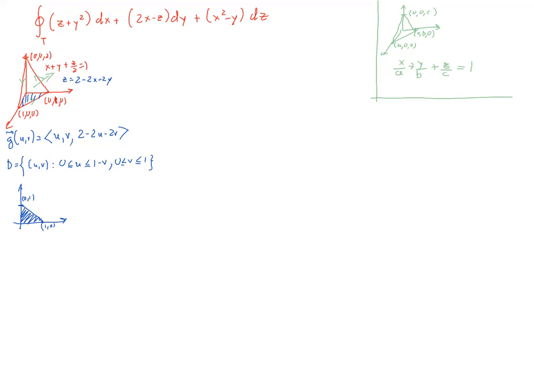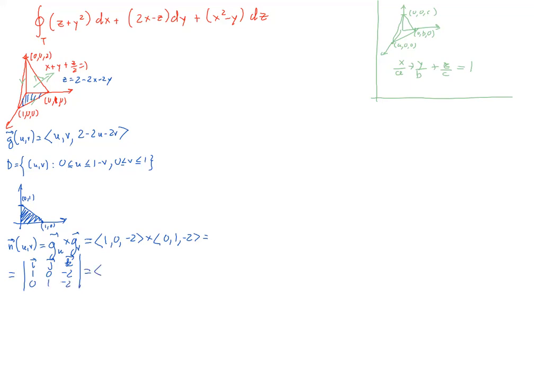Now, the normal vector, since we're at it, let's compute the normal vector. The normal vector is going to be G sub u cross G sub v, which is (1, 0, negative 2) cross (0, 1, negative 2), which is the determinant with i, j, k, 1, 0, negative 2, 0, 1, negative 2.